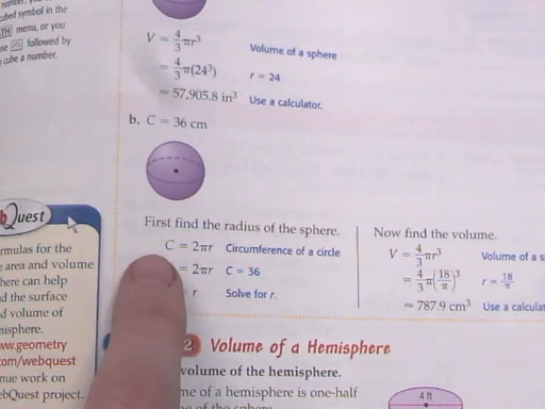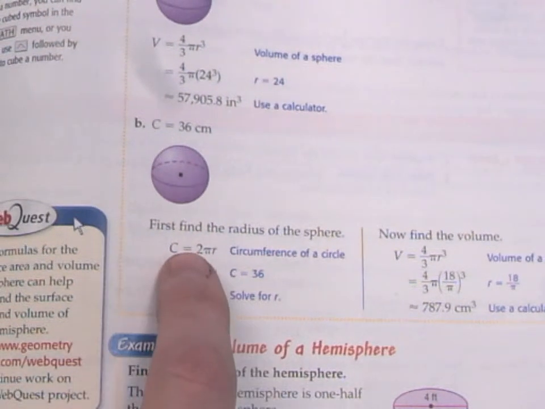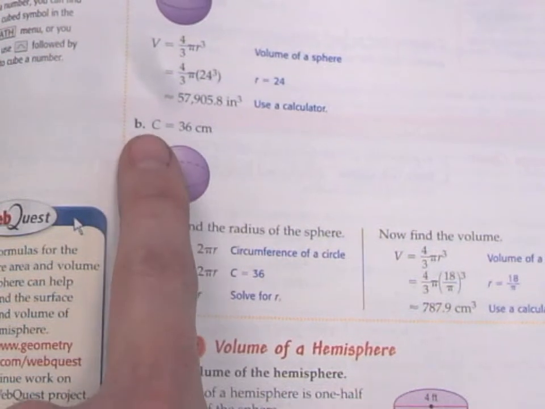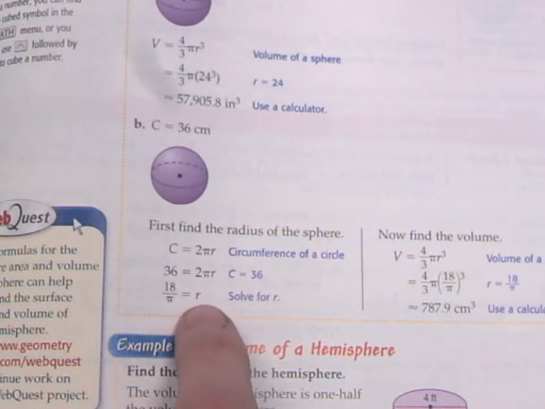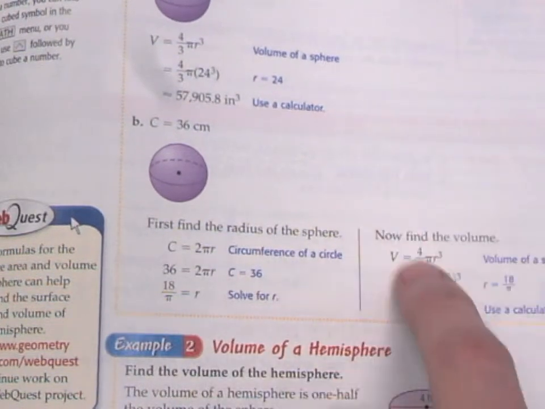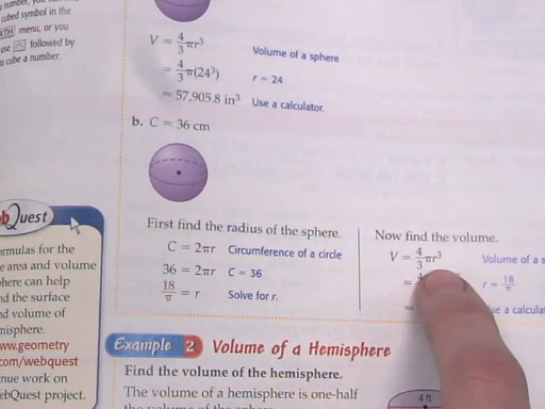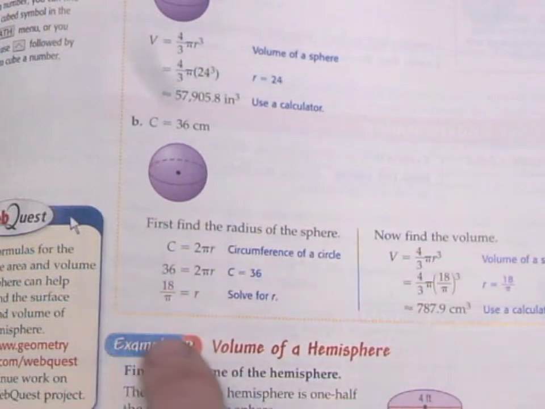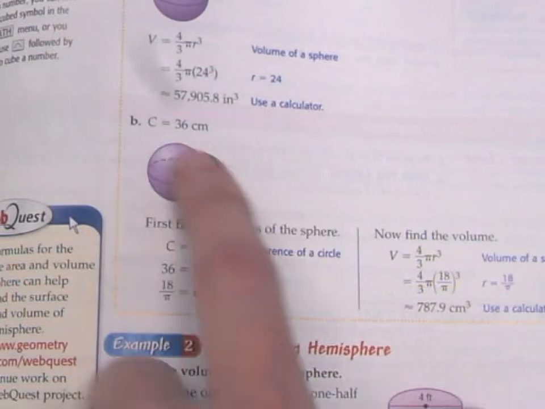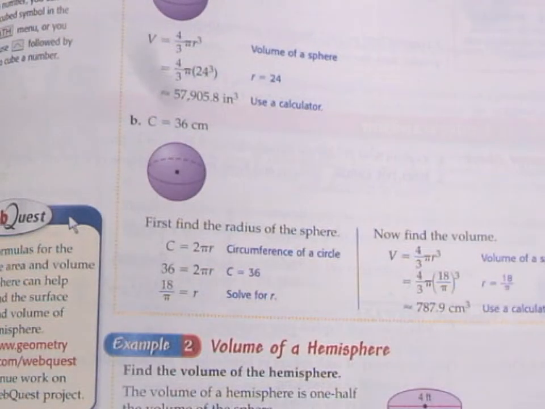So what they're doing is taking the circumference formula, replacing the c with what is given, 36, and solving for r. You have to do that first before you can use the volume formula, because the volume formula uses r. So there's a problem within a problem. You have to solve for radius from circumference before you can find volume.